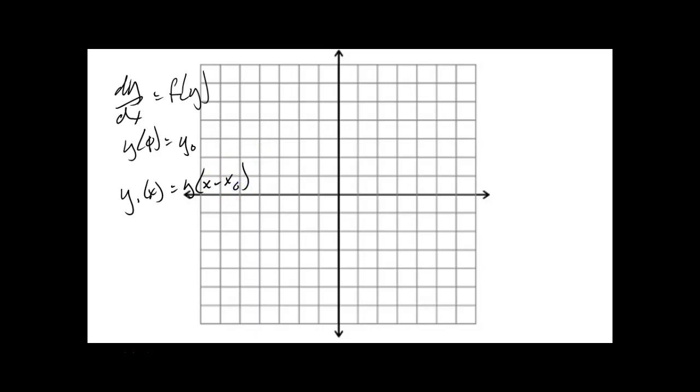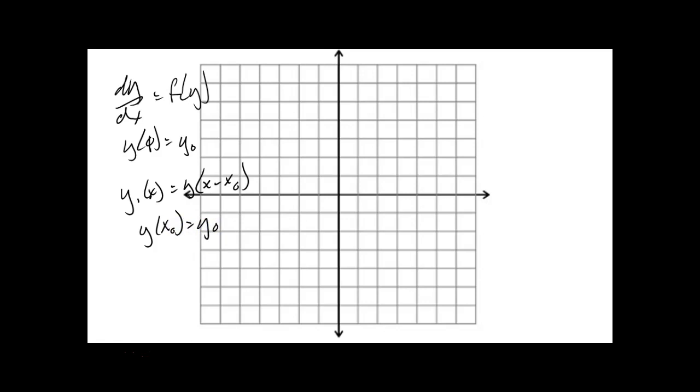It is a solution of the initial value problem that we just listed here. But in this case, it's the same differential equation, but now we have that y of x0, a different initial condition, is equal to y0.